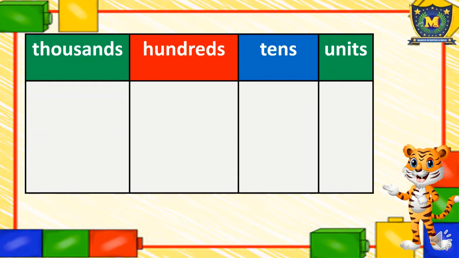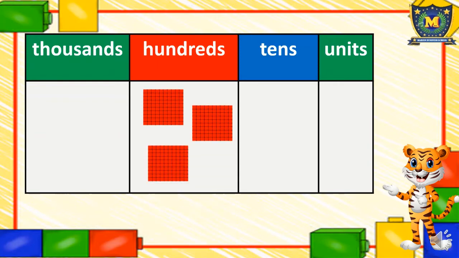Now I set up 1, 2, 3. To count how many flats I have here, I will start on the units place. Since there are no units on the units place, I simply put 0 below its place. Same with tens, then proceed to hundreds. And I have here 3 flats.